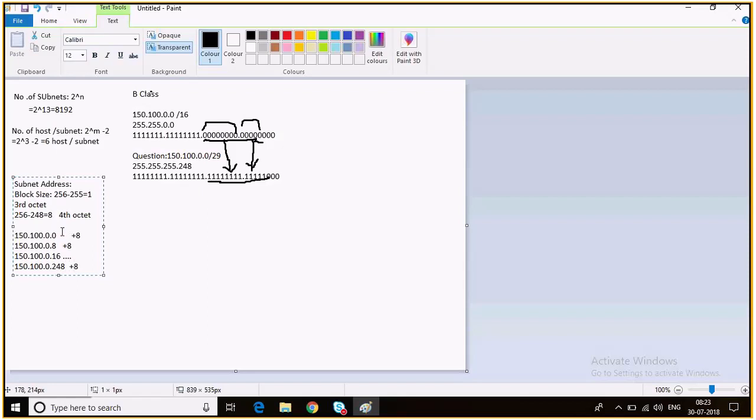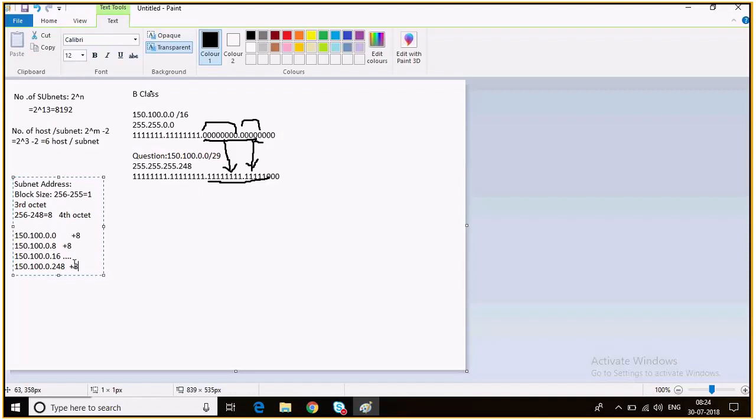Now remember this. I used to do this earlier in B class also, even in C class, but I never did it for these subnet addresses. Now when I add 8 to it, what will I get? 150.100.0.256. I cannot write it. So what do I do? I move to the third octet now.